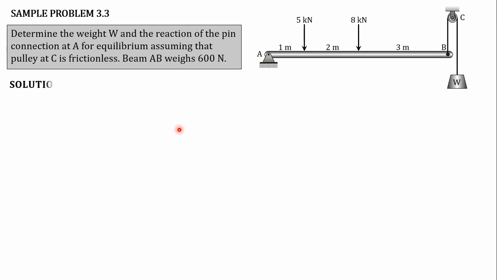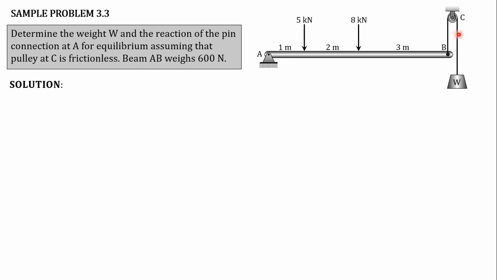Ito yung gawin natin, class. Una, plano muna tayo. To solve the weight of the crate, or to solve the weight W, we must compute the tension of this cable, the tension force of this cable, so that we can solve the weight W. Since pulley naman yan, and the pulley is frictionless, meaning that the tension of this cable is equal to this tension.